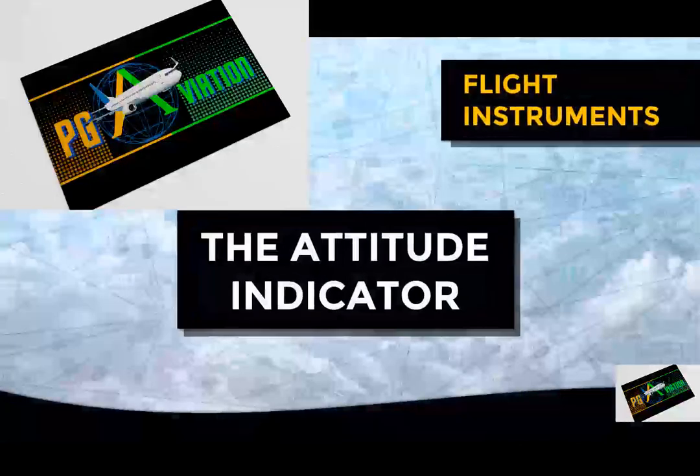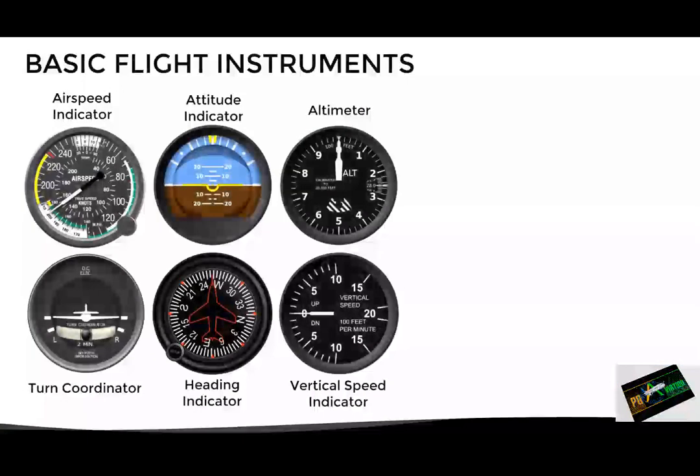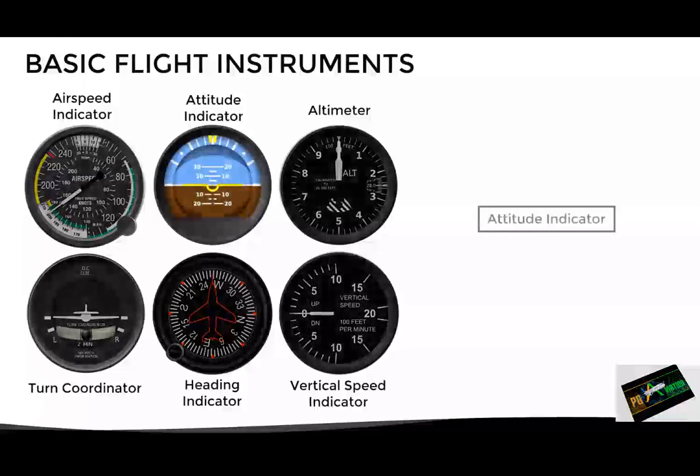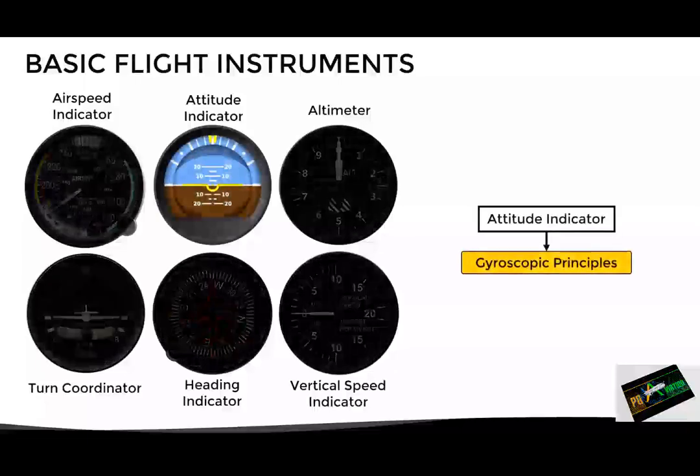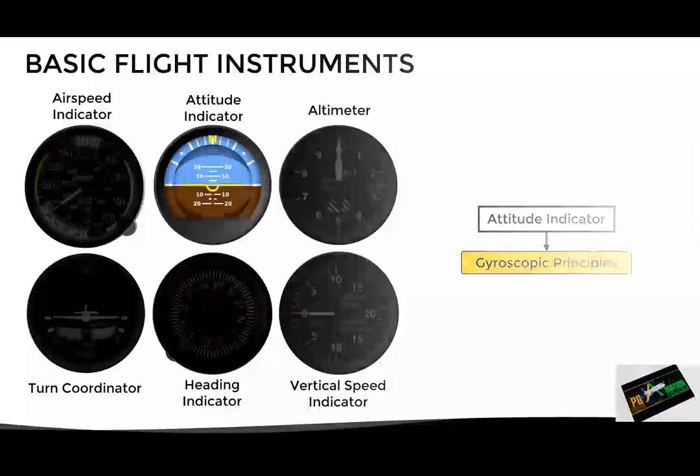We will talk about the attitude indicator, also known as the artificial horizon. This is one of the basic flight instruments that we will find in any aircraft, and its operation is based on the gyroscopic principles. Now, as mentioned in the video about the gyroscopic system, most of the light aircraft have the following configuration.